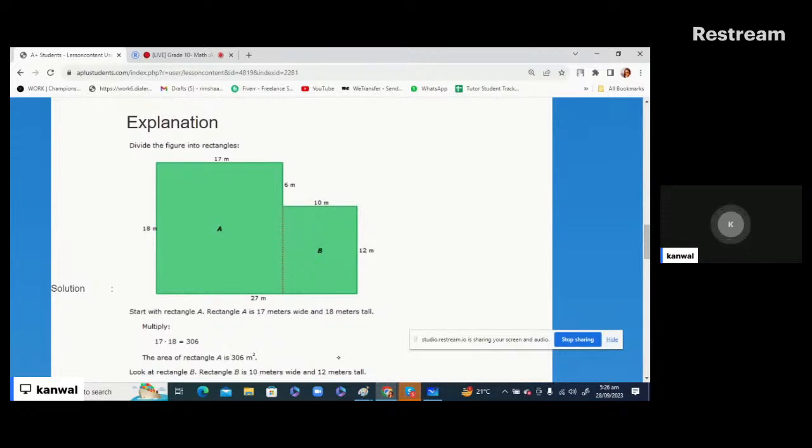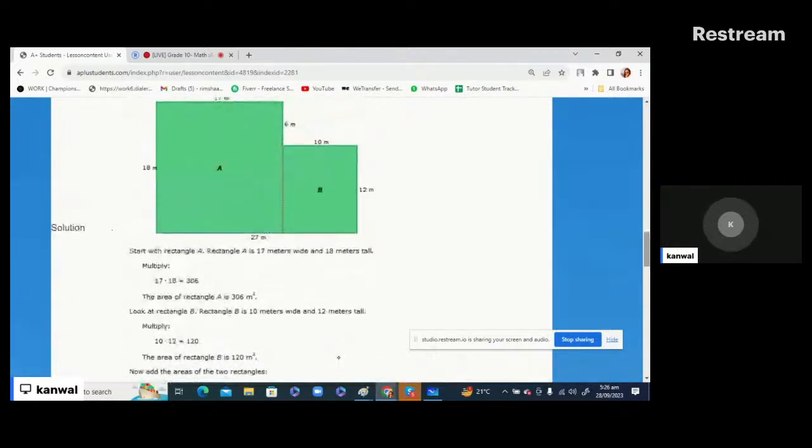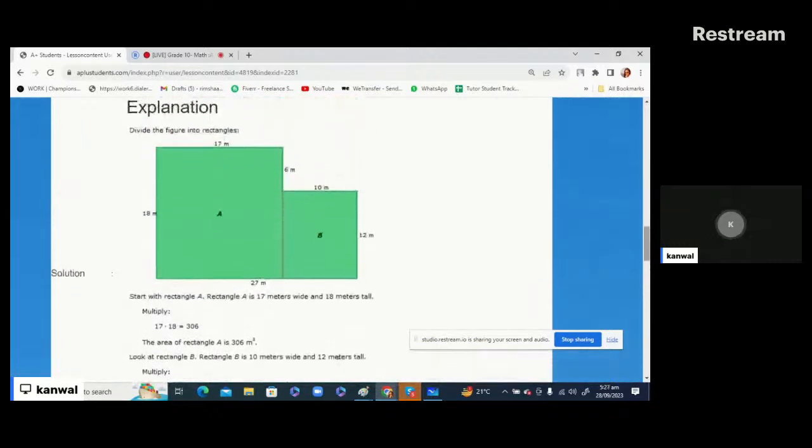So how can we find the area of the rectangle? Length times width, just simple multiplication. So 17 times 18 is 306. Now this one is covered. Look at the second part, B. The base is given, that is 10. How much is the total length? That is 12. So again, 10 times 12 is 120. And now for the whole we just add up.